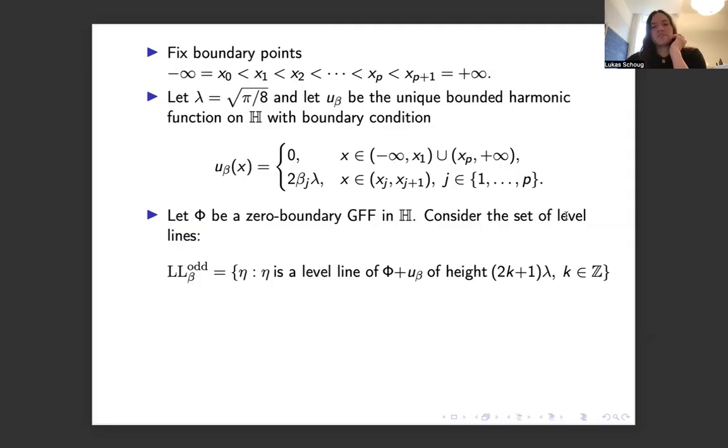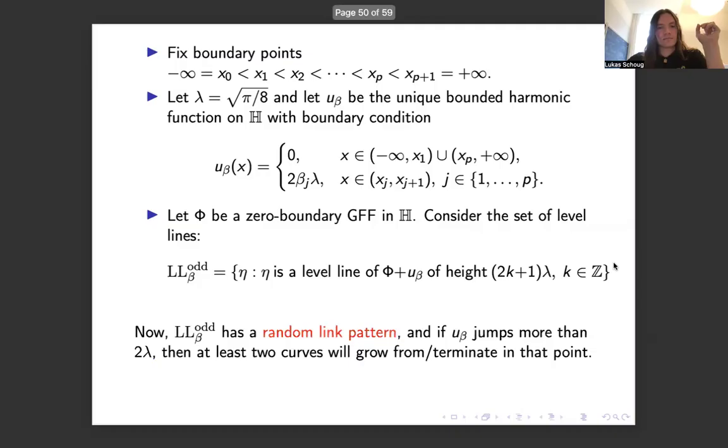And we look at a collection of level lines, which are the level lines of odd integer multiple of lambda height. You don't need to worry about what that means. And this is a set of curves which have a random link pattern. So we don't know until we've explored them completely where these curves actually end up.